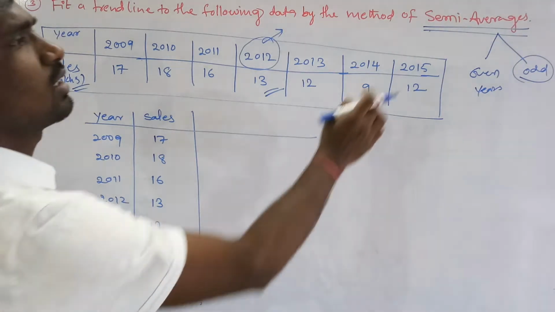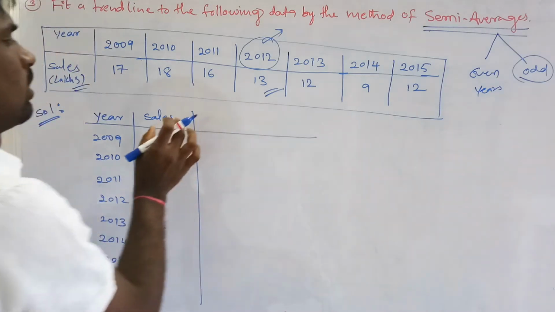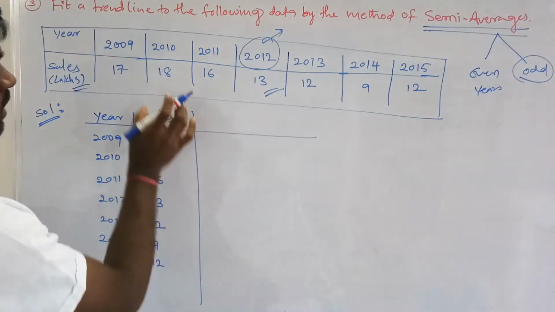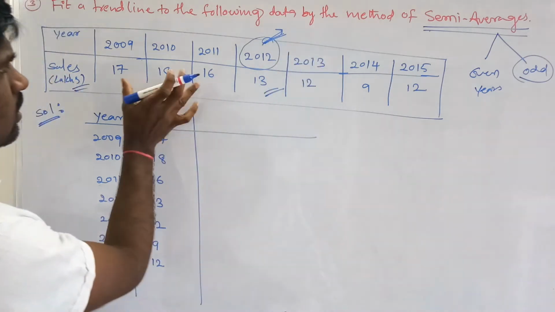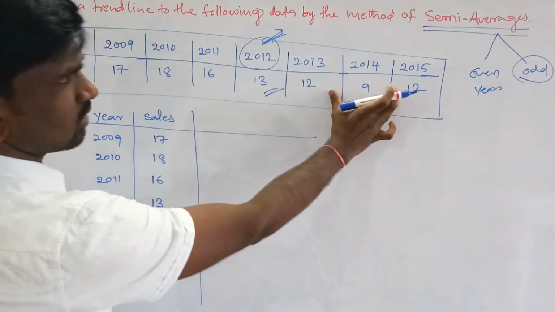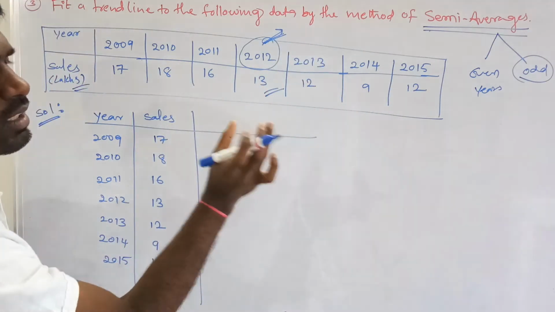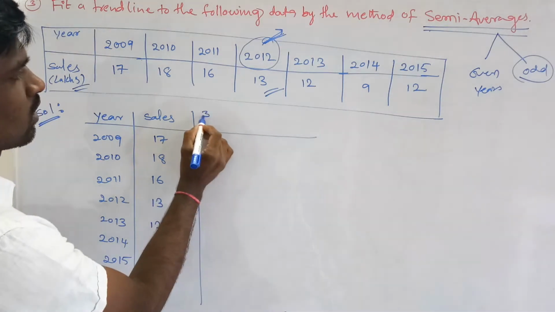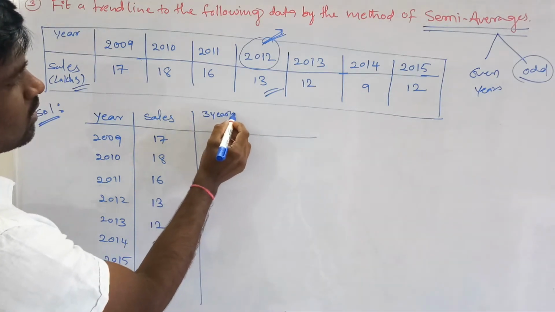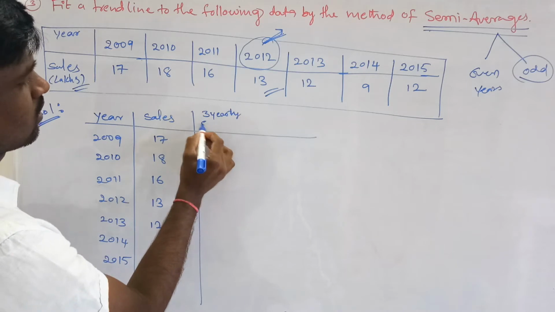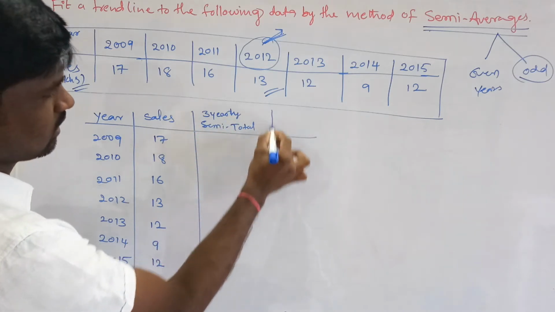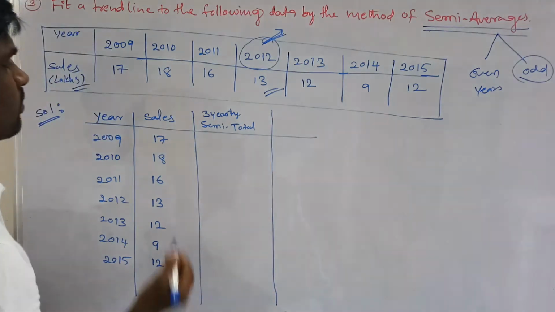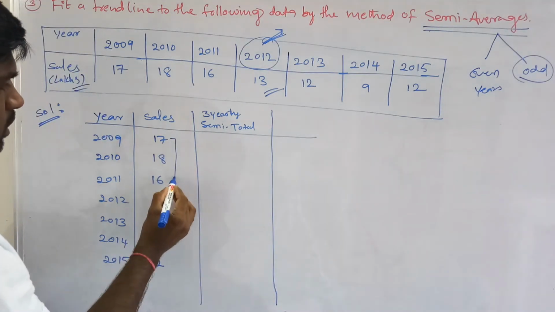Here we have to calculate the semi-averages. So here we can divide this data into two equal parts by omitting this mid year. So these are the 3 years, two parts of 3-year semi-averages. Here we have to calculate these 3-yearly semi-totals.